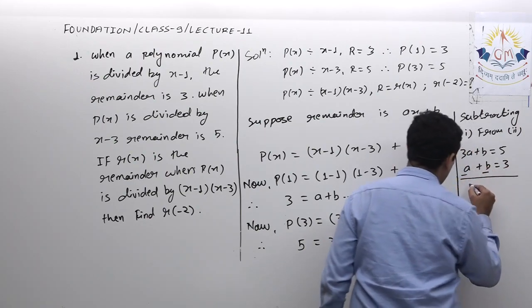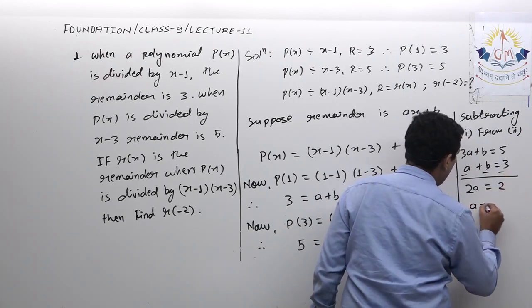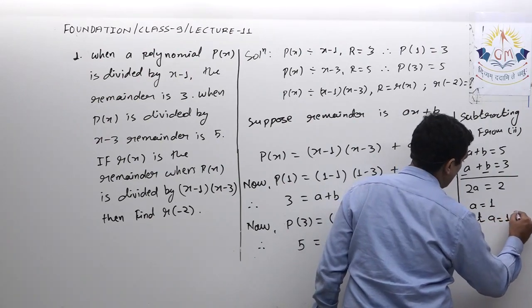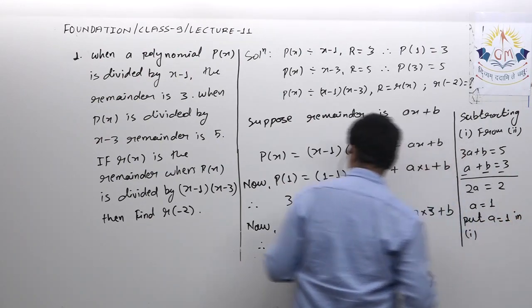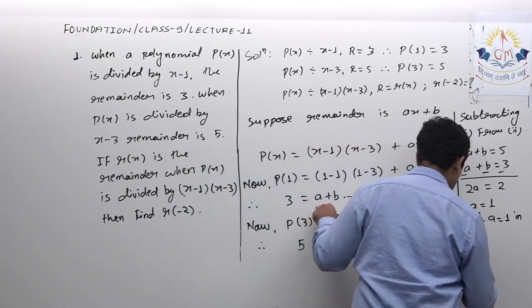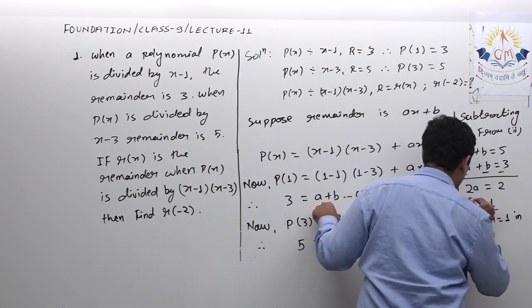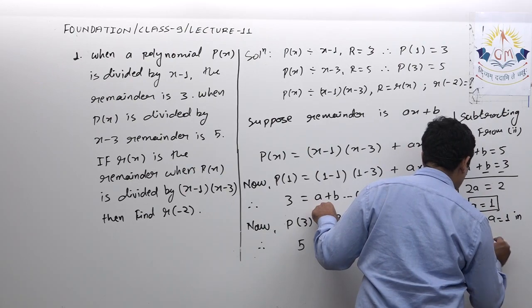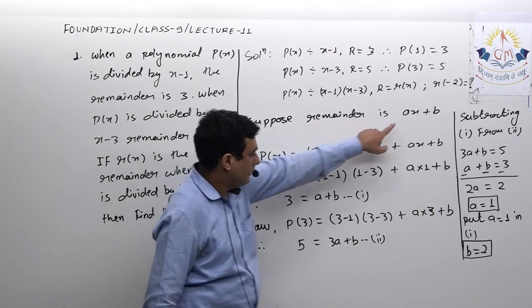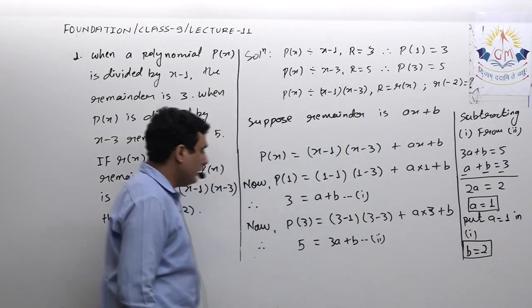On subtracting I get 2a = 2, so a = 1. Put a equal to 1 in the first equation, and I get b = 2. So here I got the value of a and the value of b. So my remainder is 1 into x plus b, that is x plus 2.